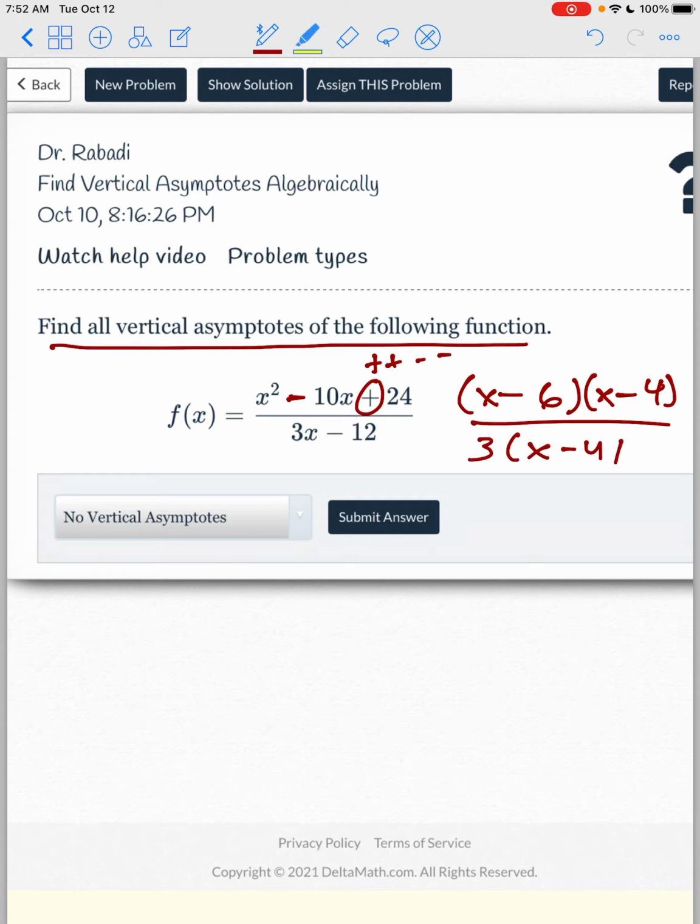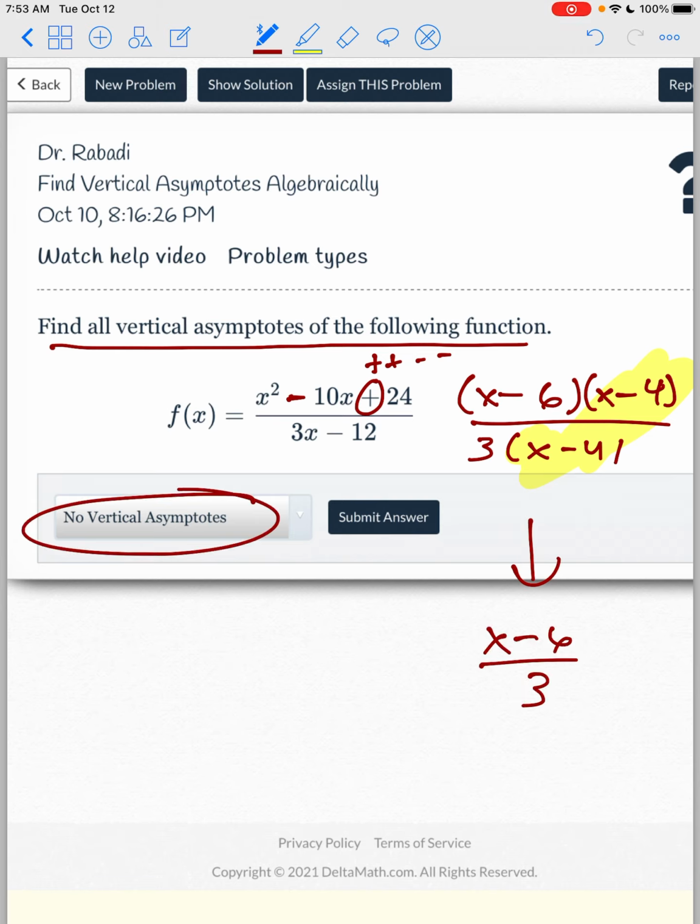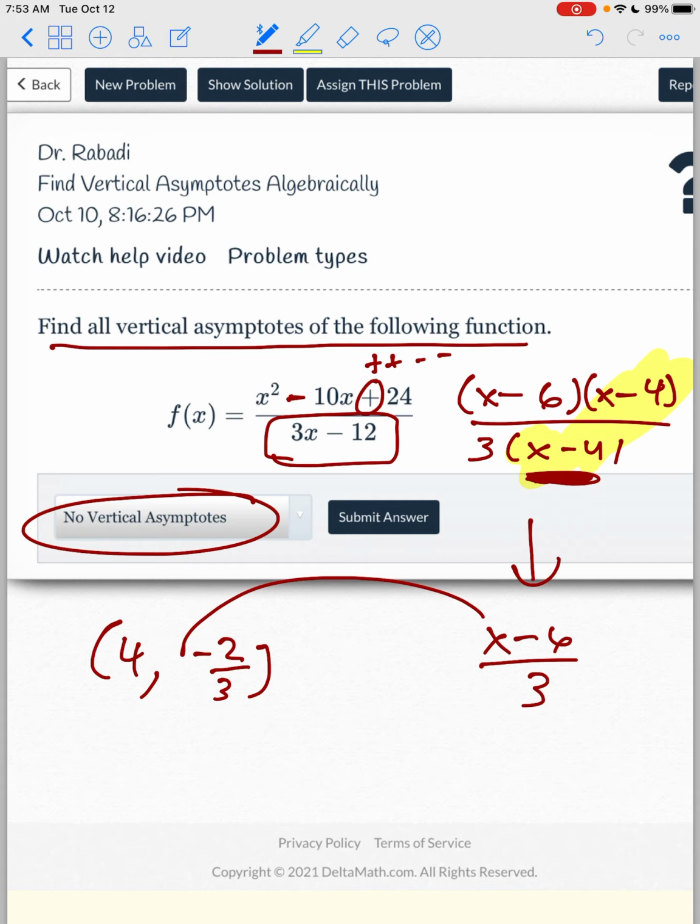Now look, guys, these 2 cancel out. Therefore, this reduces to, so there's no vertical asymptote. So you cannot set this equal to 0 until you check to see if there's a hole in the graph, okay? So there's none. There's a hole in the graph, and that hole is at 4 because that's what makes this 0. And then you put the 4 back into here, you get -2/3.